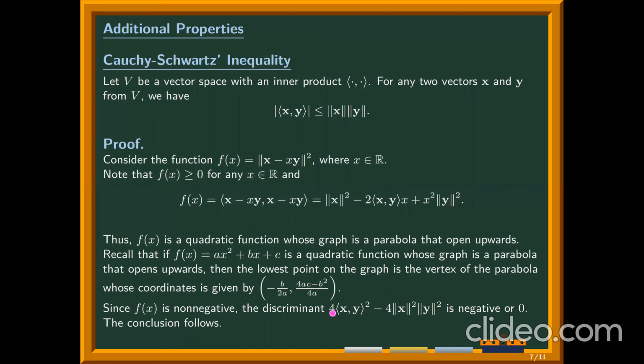That's equivalent to saying that 4 times the square of the inner product of x and y is less than or equal to 4 times the square of the length of x times the square of the length of y. The conclusion follows by taking the square root of both sides. So that's how we get the Cauchy-Schwarz inequality.